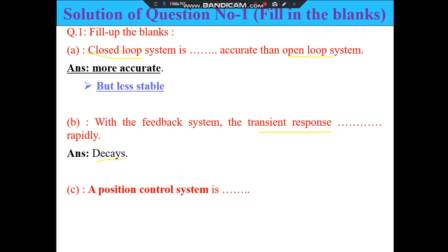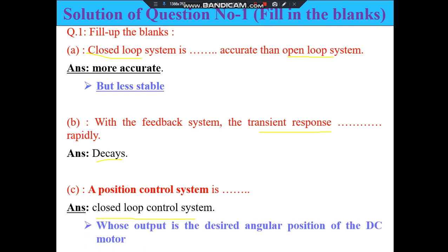A position control system is a closed loop control system. The position control system is also called a closed loop control system, whose output is the desired angular position of the DC motor.